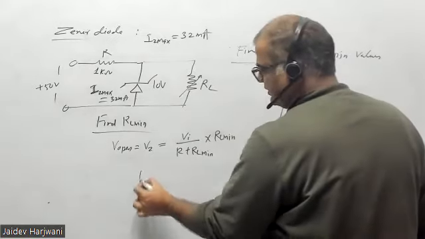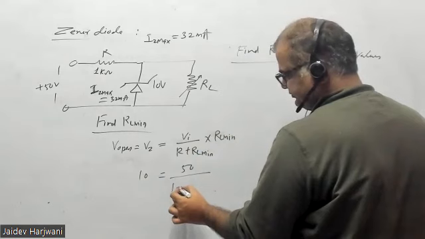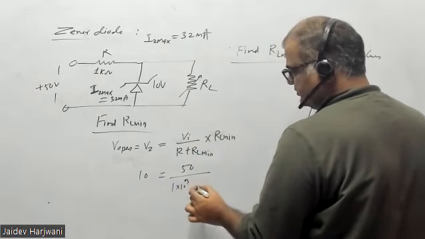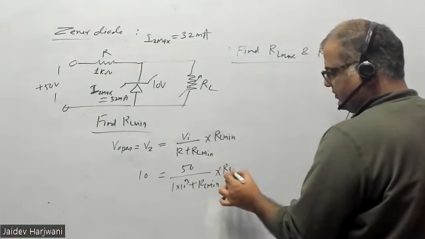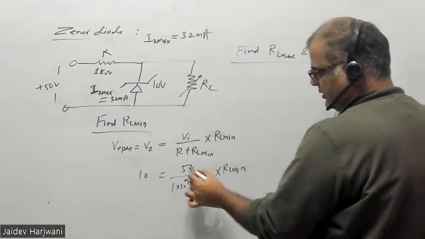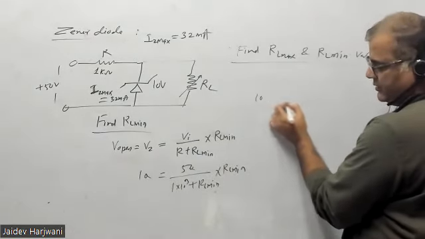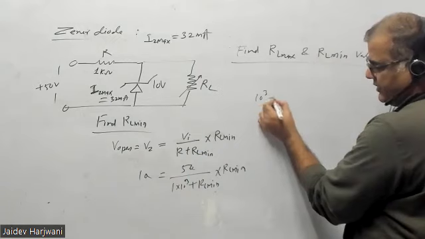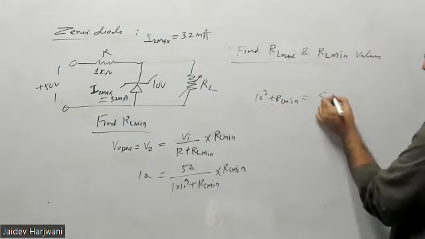It is given 10, it is given 50, R is 1 kilo ohm, that is 1000 ohm. This cancels out. 1000 plus RL minimum equal to 5 RL minimum.